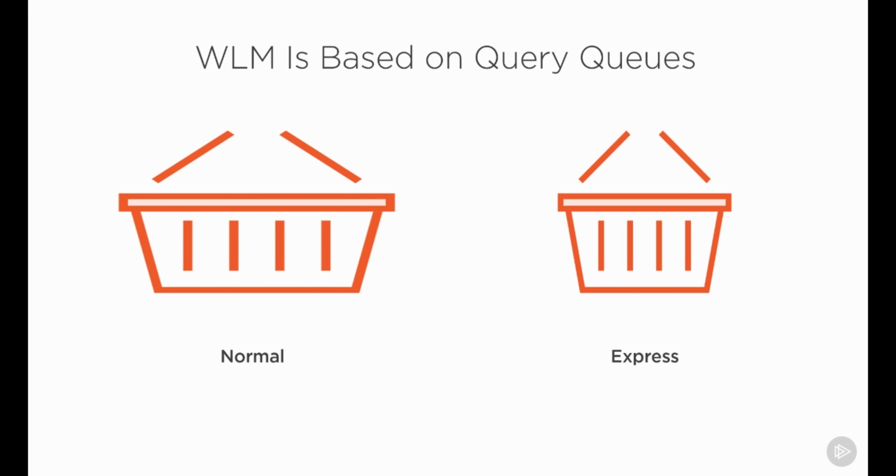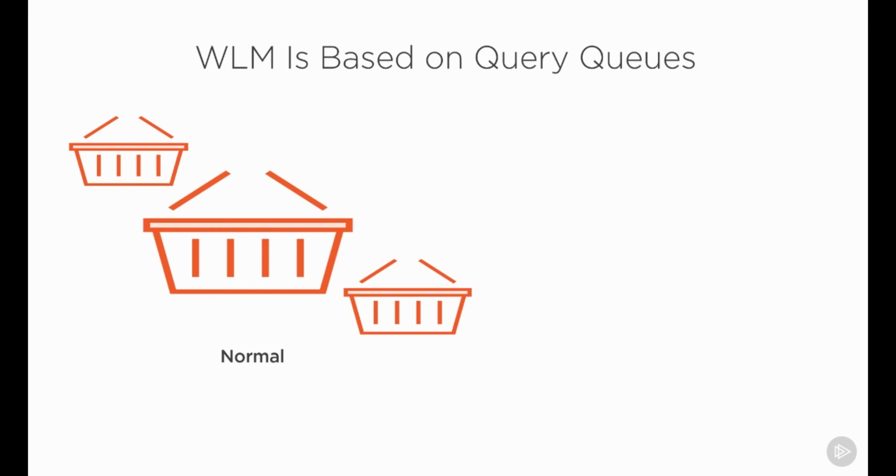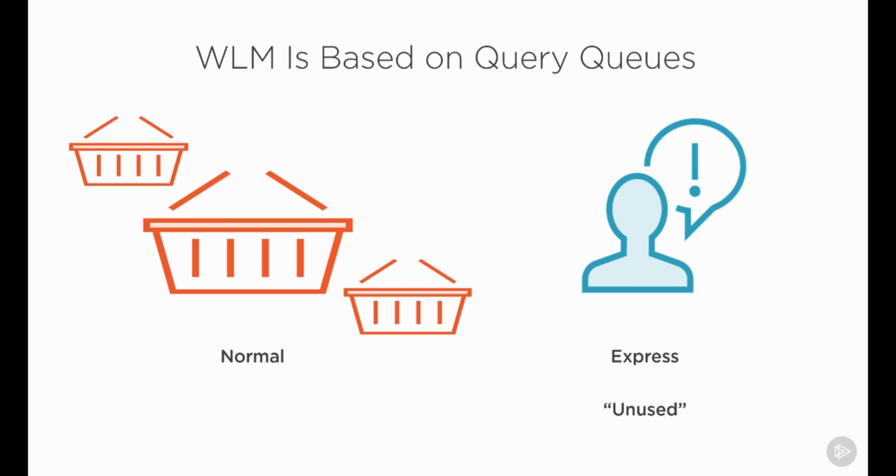Taking the analogy a little bit further, if you have several people in the normal checkout lane and they're all waiting on each other, and then you have the fast lane sitting over there by itself with nobody in it, this can be frustrating to those queries that are stuck in the queue. They see an available resource, but they can't access it because they don't meet the rules of that lane. Kind of the same for this technology.